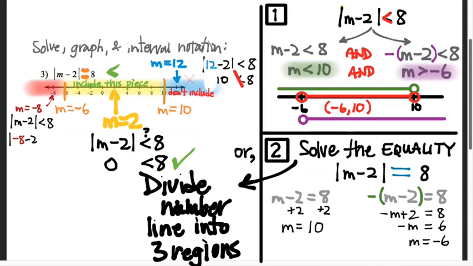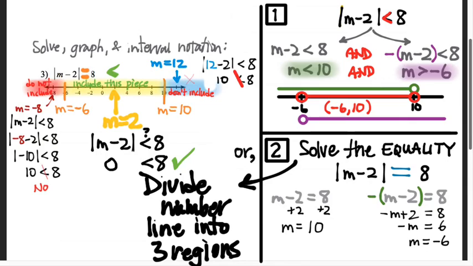But what's negative 8 minus 2? Negative 10. What's the absolute value of negative 10? 10. And is 10 less than 8? We decided already that it was not. And so because of that reason, we also want to not include this portion of the number line.